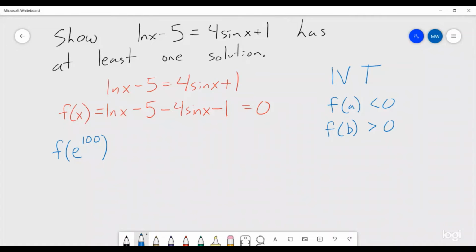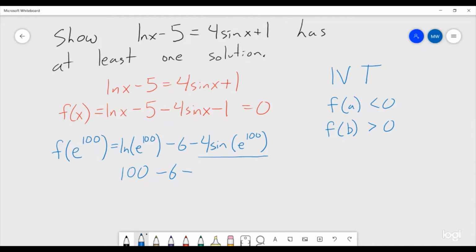That's a very big power of e, and let's see what this is going to do. Well, this is going to be natural log of e to the 100 minus 6 minus 4 times sine of e to the 100. And so this is 100 minus 6 minus something that we don't really know what it is, but we know that the smallest that can be is going to be negative 4 and 4.